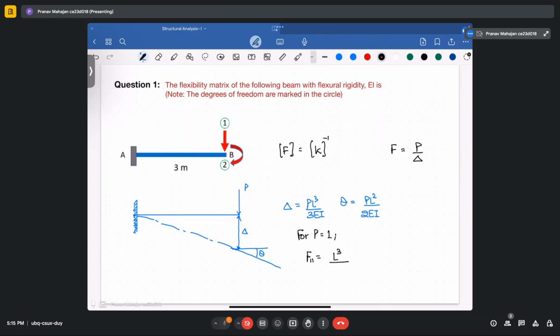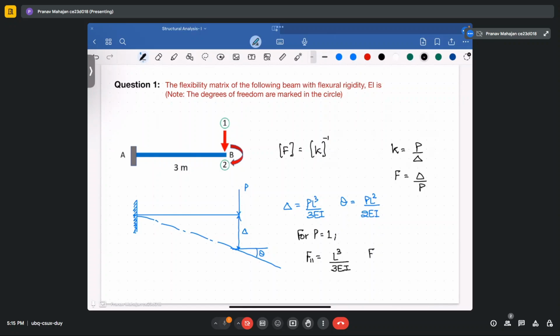Sorry, this is stiffness equal to force upon displacement. So this is K. Let me write it. So your stiffness is equal to force upon displacement, and then your flexibility will become displacement upon load. Okay. So in that way, your F11 will become L cube upon 3EI.